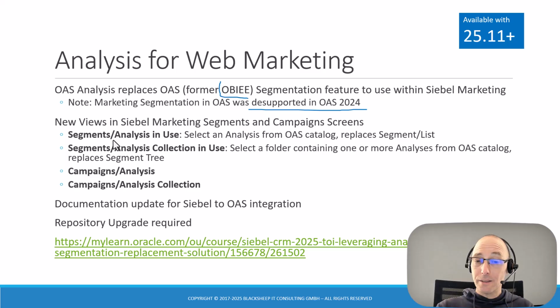You put those analyses together in terms of what fields and what filters, and then you associate the analysis with the campaign. There's also something called an analysis collection, which is practically a folder with many analyses. So if you're into Siebel Marketing and you want to use the modern Oracle Analytics Server, or maybe in the future, when it's certified, Oracle Analytics Cloud for Siebel web marketing, then watch this space.